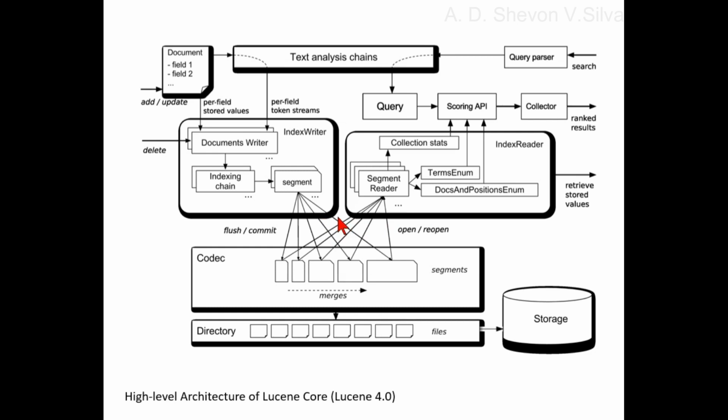Deletions are also accumulated and applied to the in-memory segments before flushing, while they are still mutable, and also recorded in a commit point so that they can be resolved when reading the already flushed immutable segments.